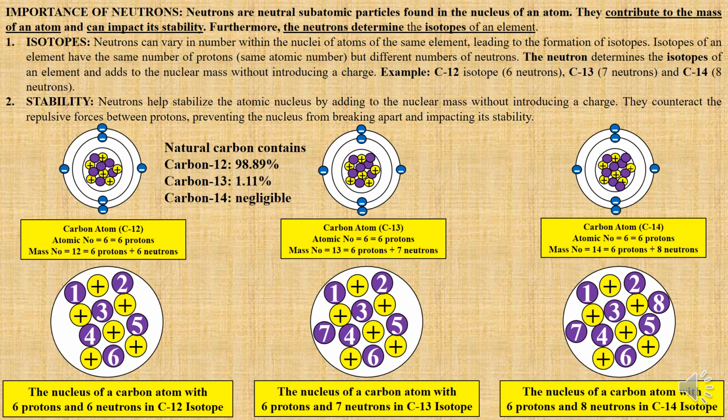So isotopes of an element have the same number of protons, that is they have the same atomic number, but different number of neutrons. So therefore the neutron determines the isotopes of an element and it also adds to the nuclear mass without introducing a charge.